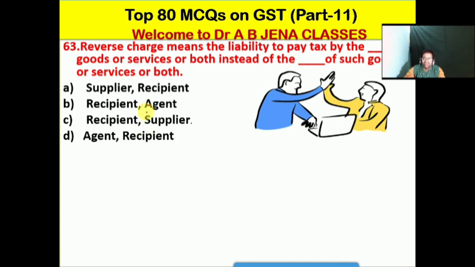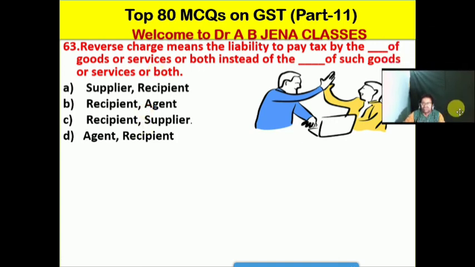So next one हम देखेंगे, reverse charge means the liability to pay the tax by whom, of goods and services or both, instead of the dash of such goods or services or both: A, supplier, recipient; B, recipient, agent; C, recipient, supplier; D, agent, recipient.